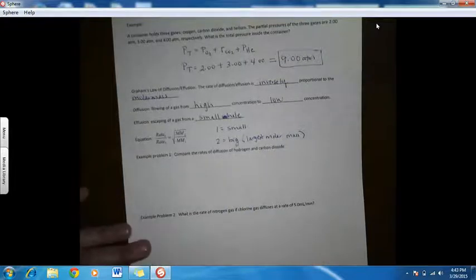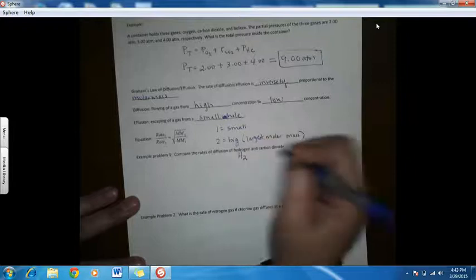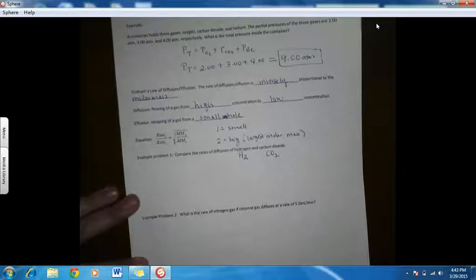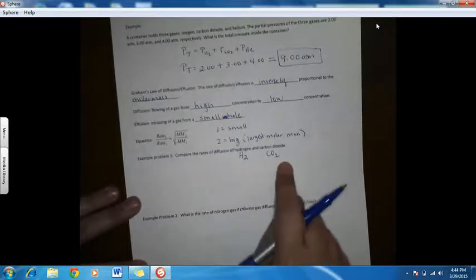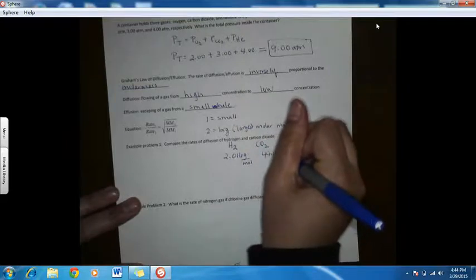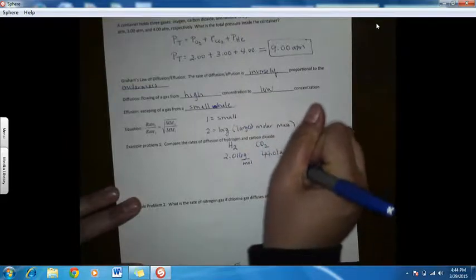Alright, so we compare the rates of diffusion of hydrogen and carbon dioxide. First we have to remember that hydrogen is diatomic, so that's H2, and carbon dioxide is CO2. We need to calculate the molar mass of each. Hydrogen is 1.008 times 2, so 2.016 would be its molar mass. And carbon dioxide, we have a carbon and 2 oxygens, which comes out to 44.01 grams per mole.